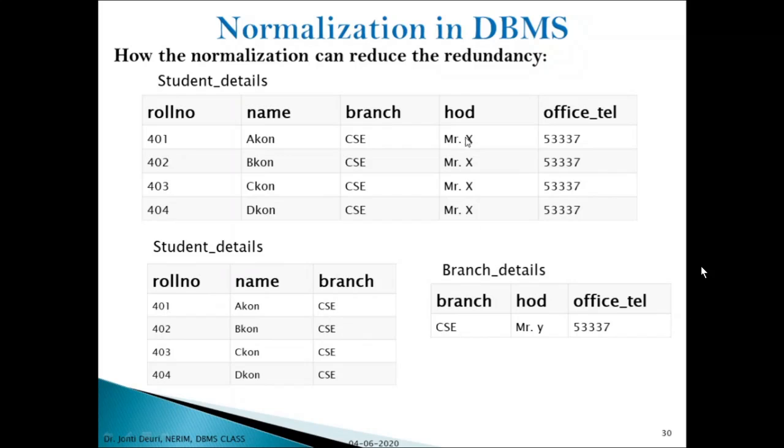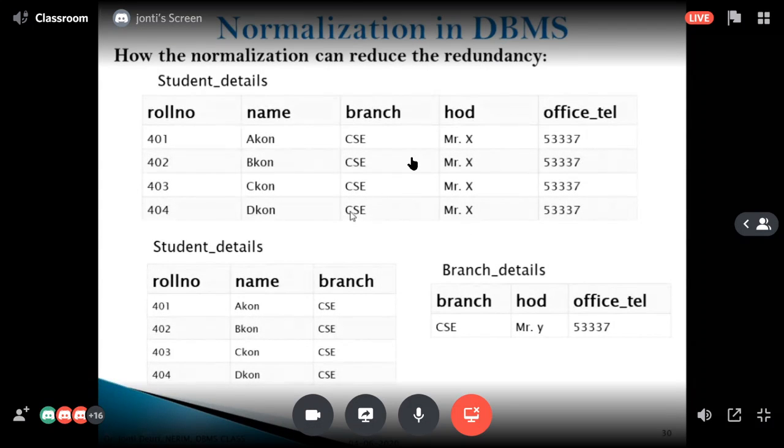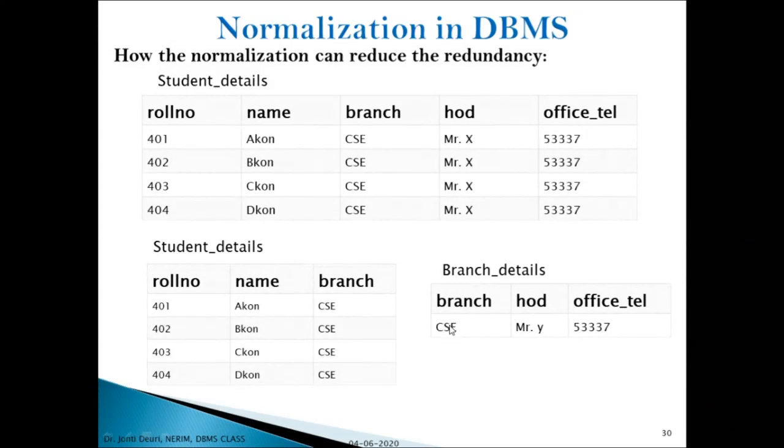So now we have the CSC department, Mr. Y. Here you can see, instead of four times, only one row is enough, right? CSC department, Mr. Y, 5. This is the insertion anomaly fix, you can see.